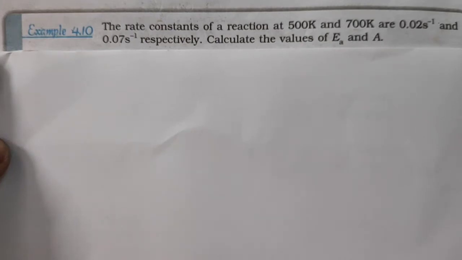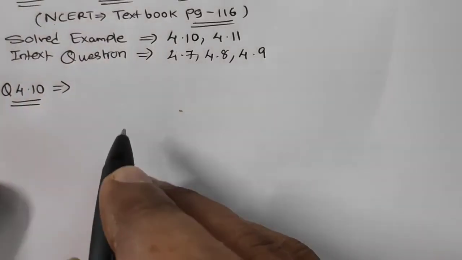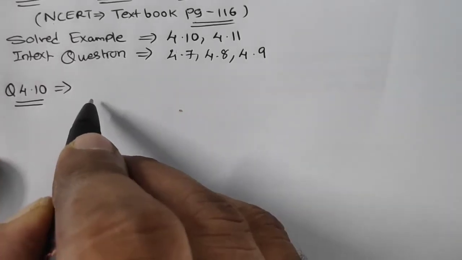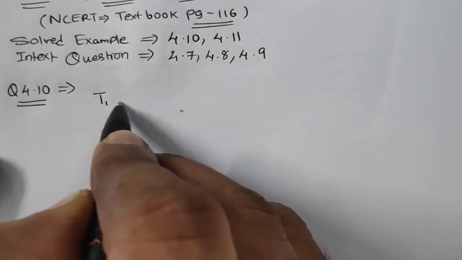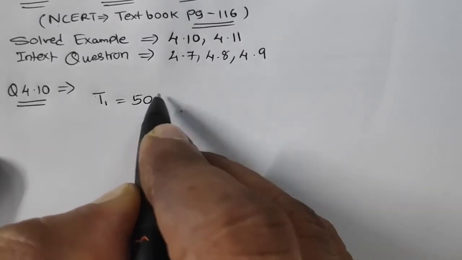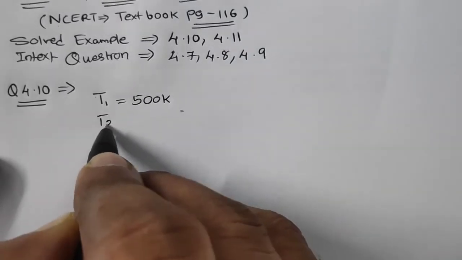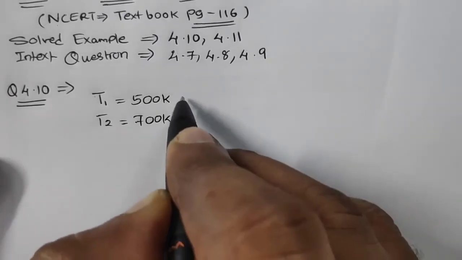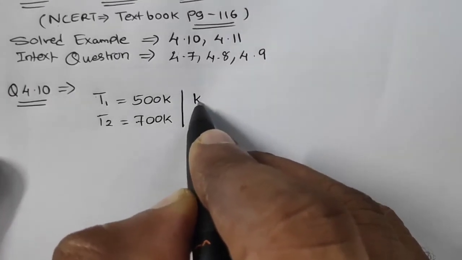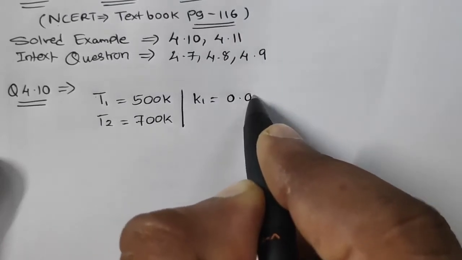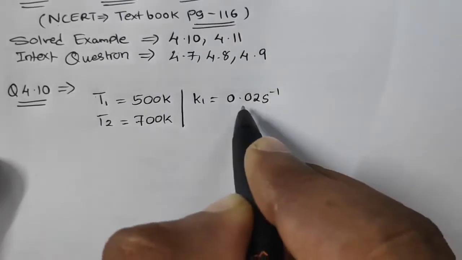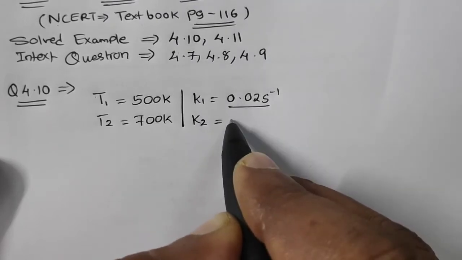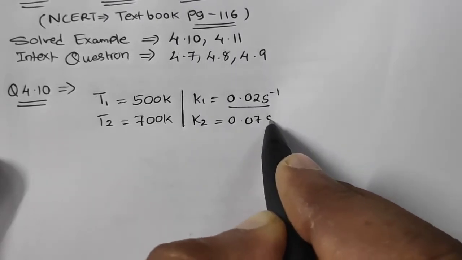Let us see. First of all we'll write out the things which are given in the question. T1 was given as 500 Kelvin, T2 was given as 700 Kelvin. Then K1 is equal to 0.02 second inverse, and K2 was 0.07 second inverse.